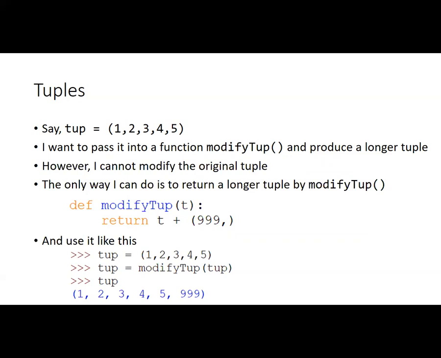Exactly what is happening here? If I ask you what is x is equal to x plus 1, what is happening? If I write x equal to x plus 1 and x is an integer, what is happening? You get x's original value, maybe let's say 3. You plus 1, it becomes 4, a new value.